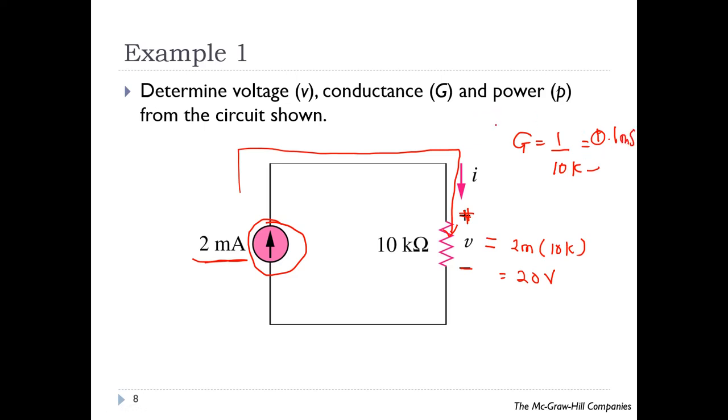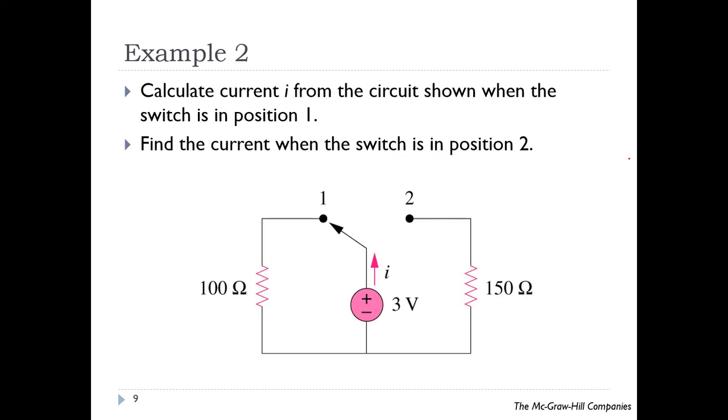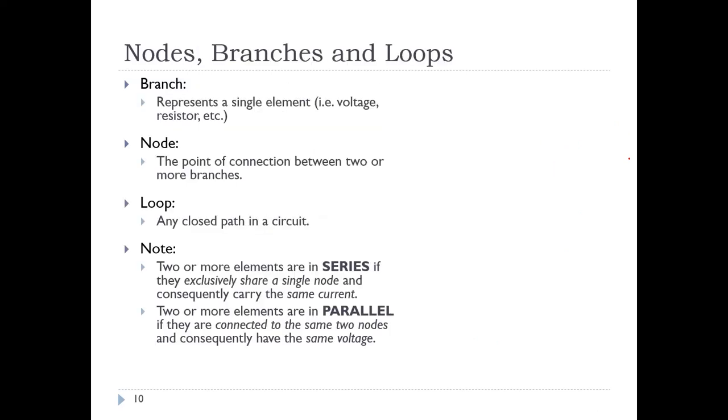And power P equals IV, so I is 2 milliampere and V is 20, so this becomes 40 milliwatt, sorry, milliwatt. Okay, you can do this on your own.